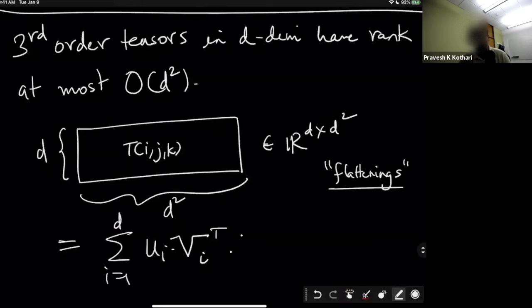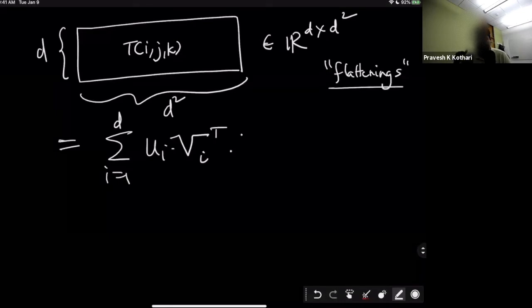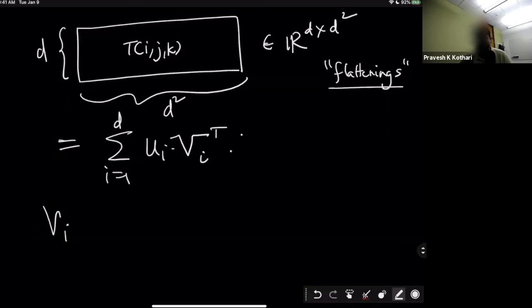In this decomposition, I treated the last two modes as a vector. But now I can take each of these vectors VI, treat them themselves as matrices, and they are D by D matrices. So what's the maximum rank they can have?